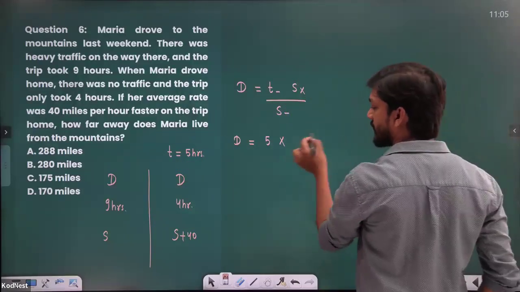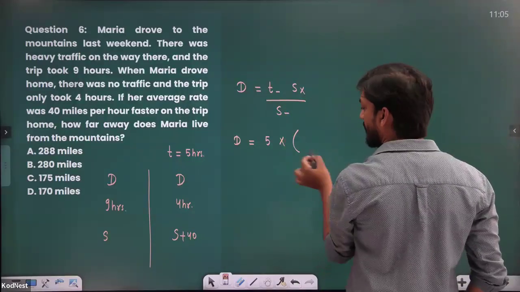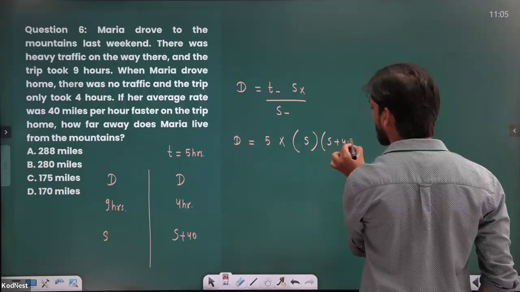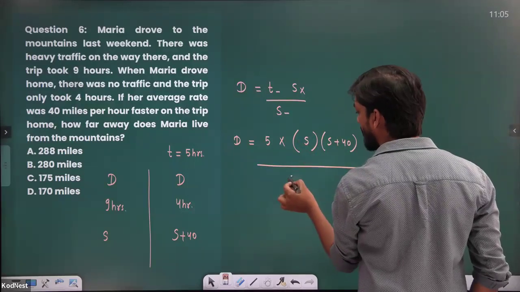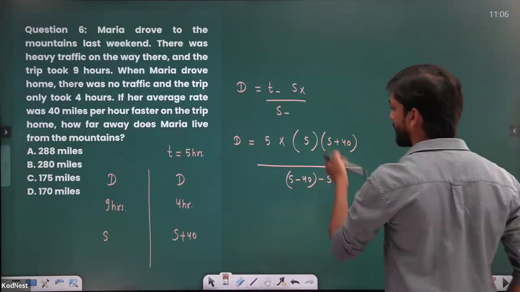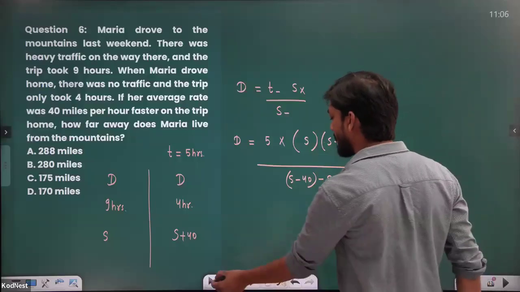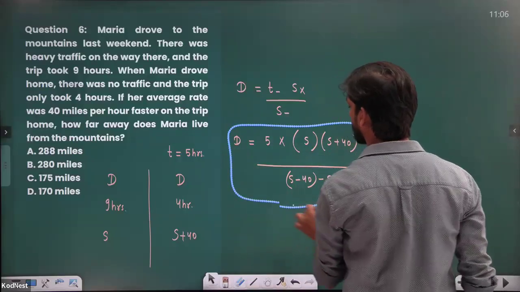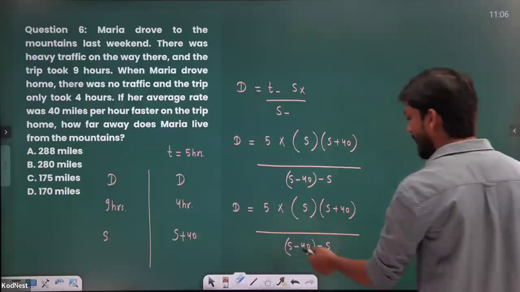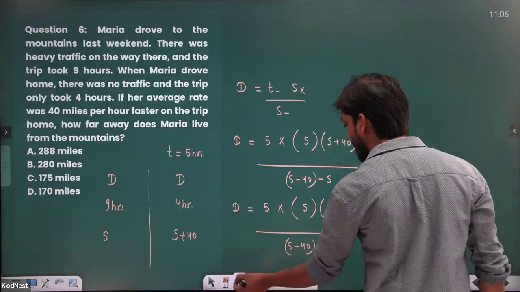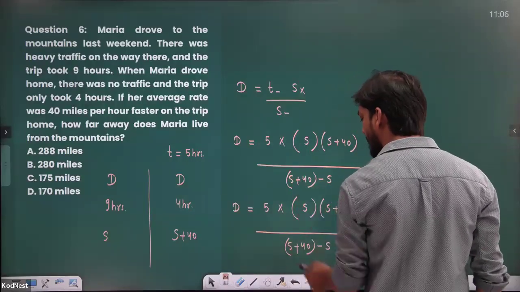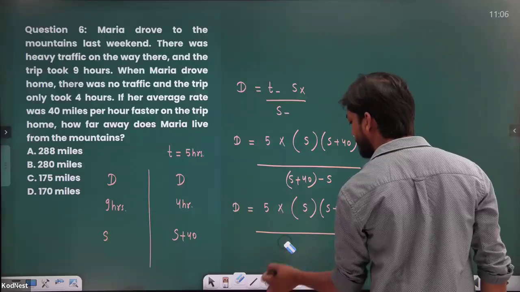Now S cross, let me write. One speed is S, the other is S plus 40. Speed difference will be S plus 40 minus S, which will come out to be 40.